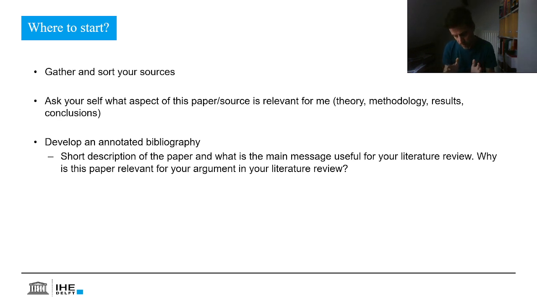Okay, this message, this lesson is useful for me, for my literature review. So write a short description why this is an important message for you, for your study. So not per se what is the conclusion of this paper, and that is the message of the authors of that paper, but think really, why is this interesting for me and my literature review or my research.